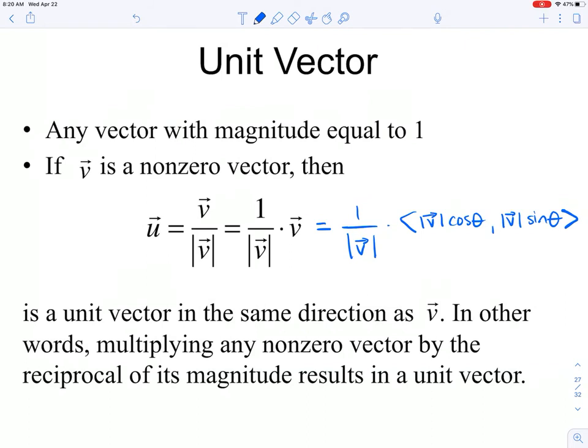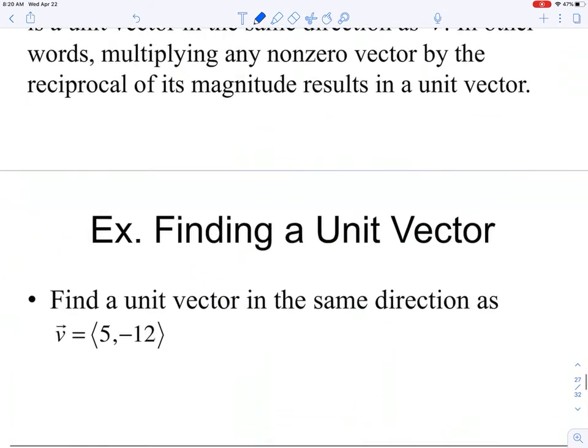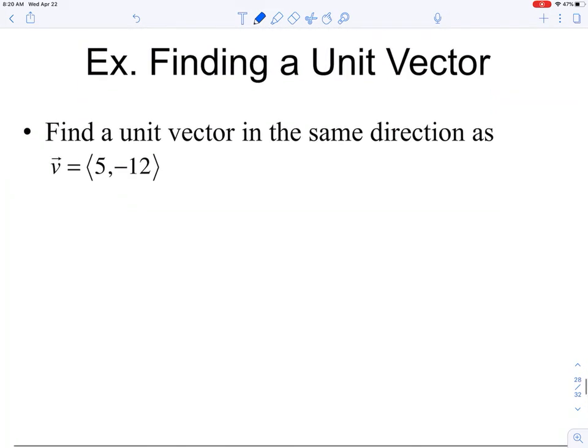Since 1 over the magnitude of V is a scalar, whenever you distribute that into the horizontal and the vertical components, then the magnitude of V would end up canceling to be 1. So that would give you the unit vector. And the unit vector has the same direction as the vector V.